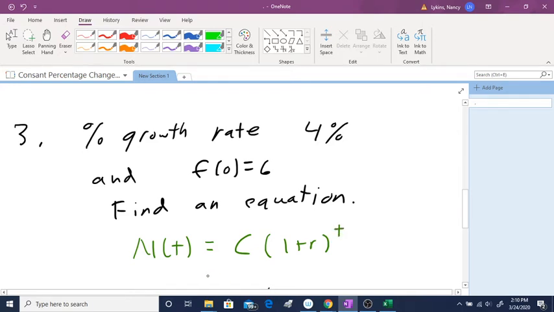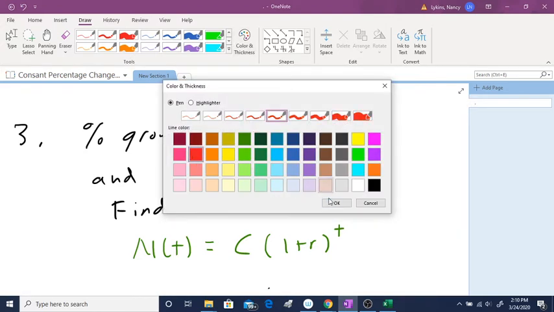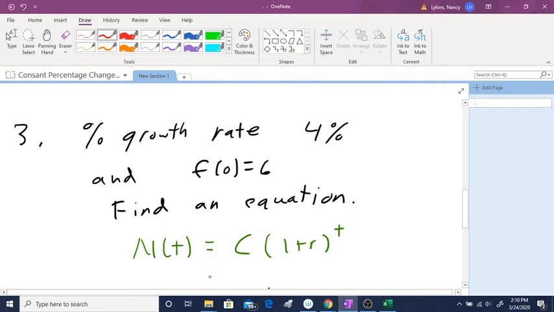So now we can start filling this in. We know that the initial value is 6. That's what we start off with.